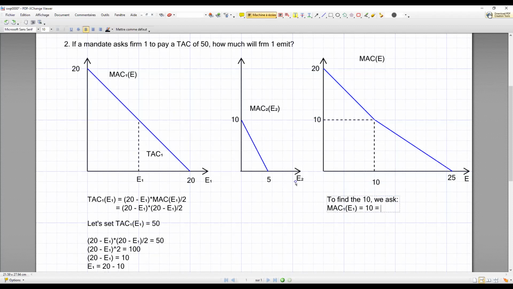It's 20 minus C1, so 20 minus 10. So that's 10. What is the equation of this segment?